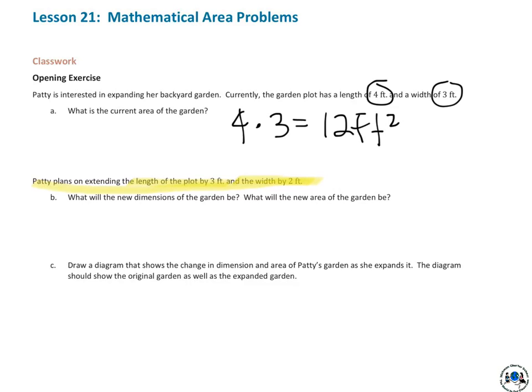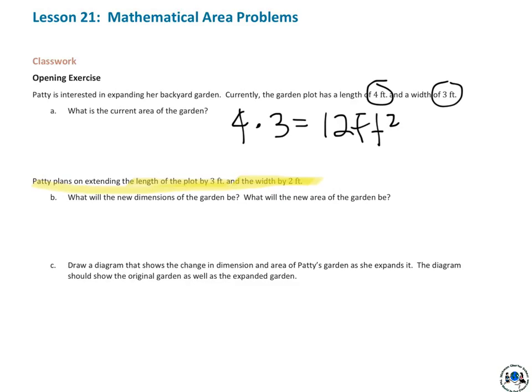What I'd like you to do as we start getting into this portion is to go ahead and grab some graph paper. We've got a piece of graph paper in the back of your binder, and let's use that. I'll be back in a second. I want to show you, and we'll take a look at it here as well.